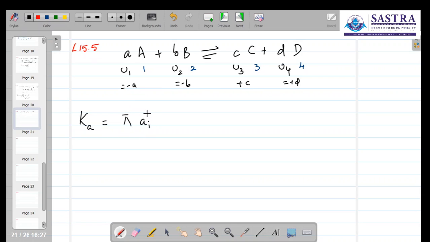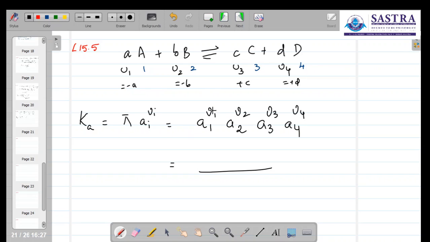So a_i raised to the stoichiometric coefficient becomes a1 raised to its stoichiometry, a2 raised to its stoichiometry, a3 raised to its stoichiometry, and a4 raised to its stoichiometric coefficient. On rearranging, you know that the stoichiometric coefficients of the first two components are negative, so it will eventually come as a3 raised to c, a4 raised to d, whereas a1 will be raised to a in the denominator and a2 raised to b in the denominator.